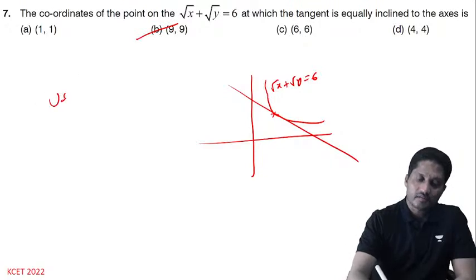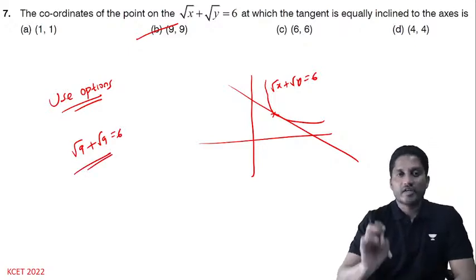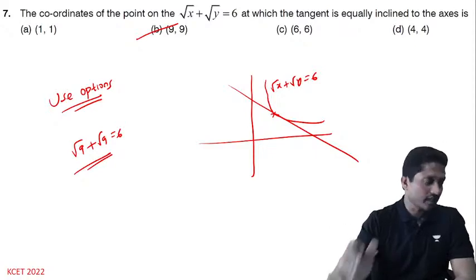Use options. Only root 9 plus root 9 is equal to 6. That is correct. Right, only option B will satisfy. You can check, no other option will satisfy. Let's move to the next question.